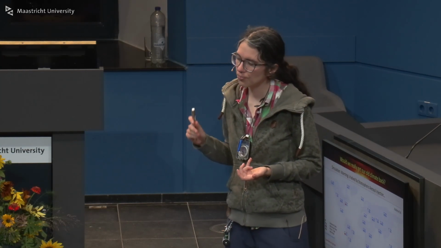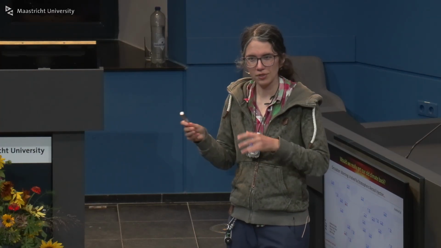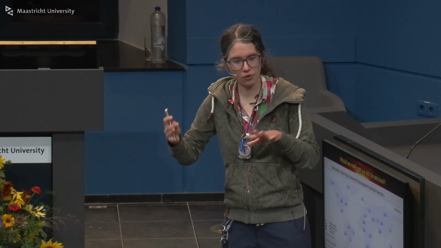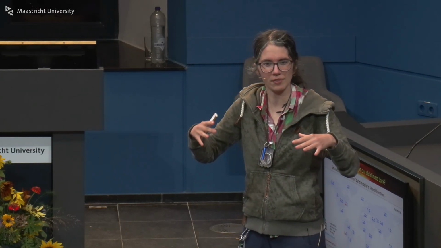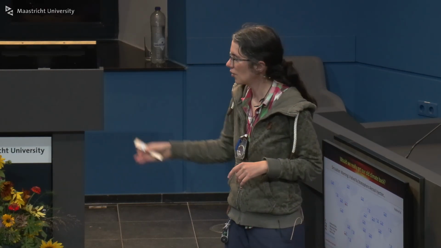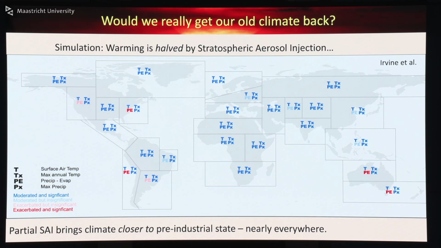However, it looks like, in general, if you do SAI to reduce global warming, you would probably still push the climate in most regions for significant climate variables closer to pre-industrial. So on this map, you see for certain regions how variables like the mean temperature and mean precipitation, whether they go closer to the old climate or further away if you have global warming with SAI.